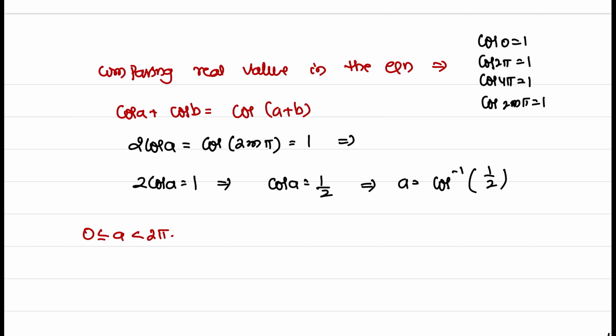Then for what values of a will we get cos a is equal to half? Cos 60 is equal to half, that means cos pi by 3 is equal to half.